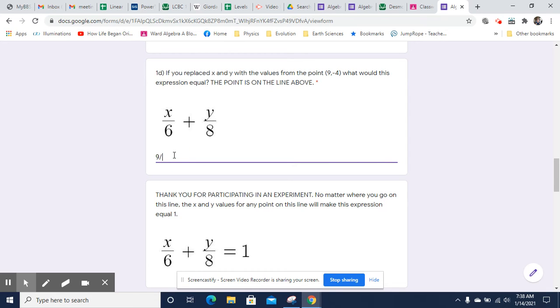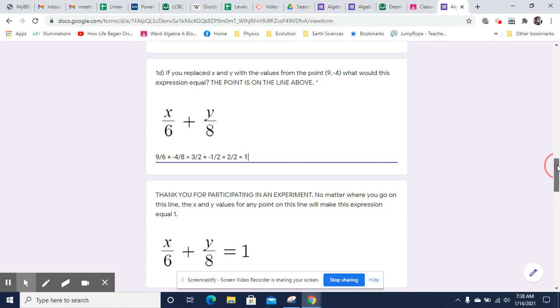Well, let's find out. 9 over 6 plus -4 over 8. We can do some simplifying. 9 over 6 becomes 3 over 2, and -4 over 8 becomes -1 over 2. Well, 3/2 plus -1/2 brings us down to 2/2, which is 1 again.